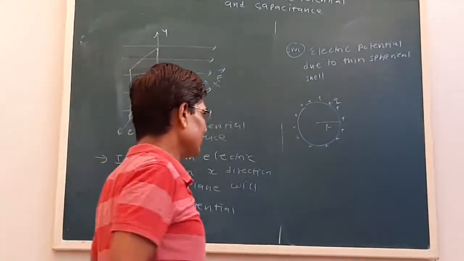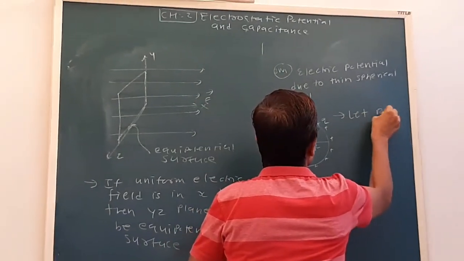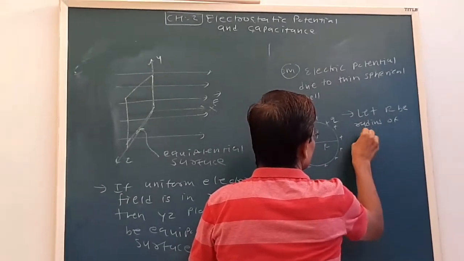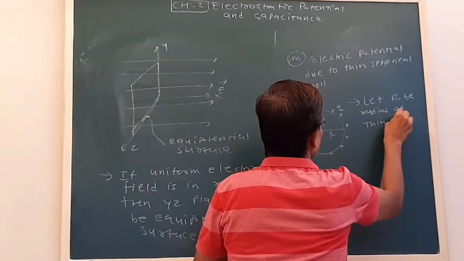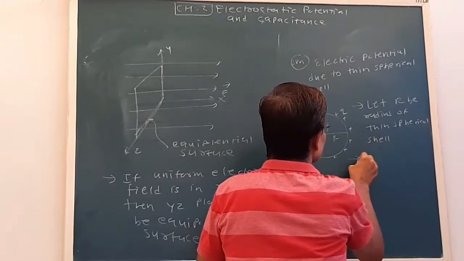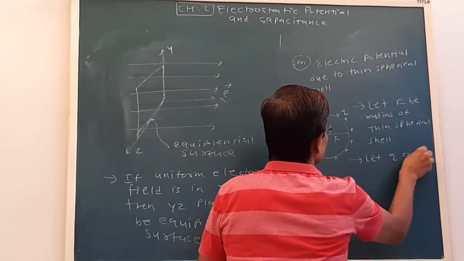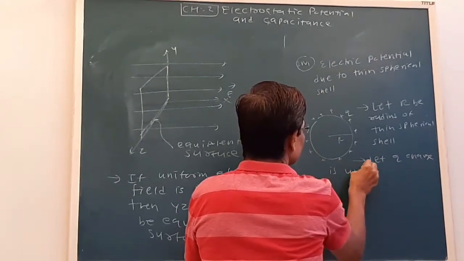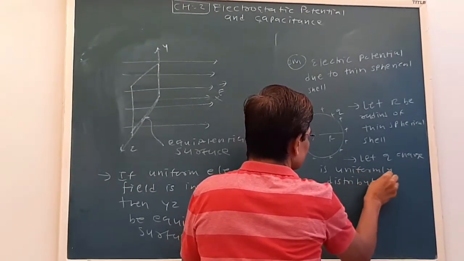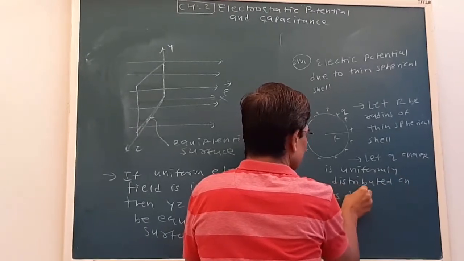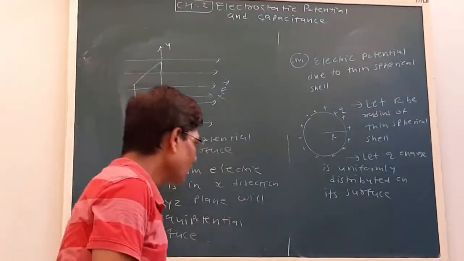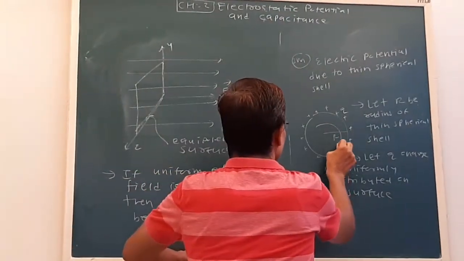Okay, so we can write like this: let r be the radius of a thin spherical shell, let q charge be uniformly distributed on its surface. Now see, first we have to find out the electric potential at a point inside the shell.